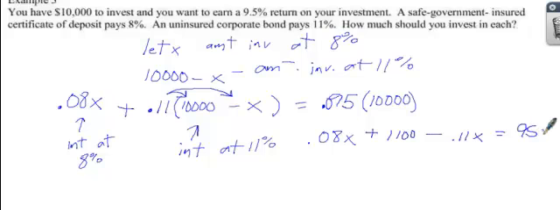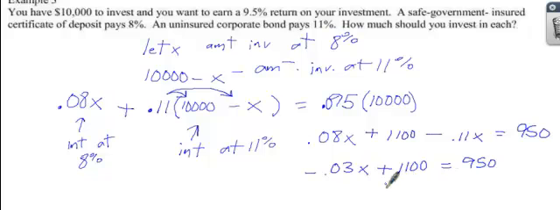That's how we multiply. We get that. Okay, now I'm going to combine the x values. So 0.08 minus 0.11 is going to give me negative 0.03x. Now, you're probably panicking a little bit because you have a negative number, but we're not quite done with the problem yet, so don't you panic about that. It's going to be okay. All right?